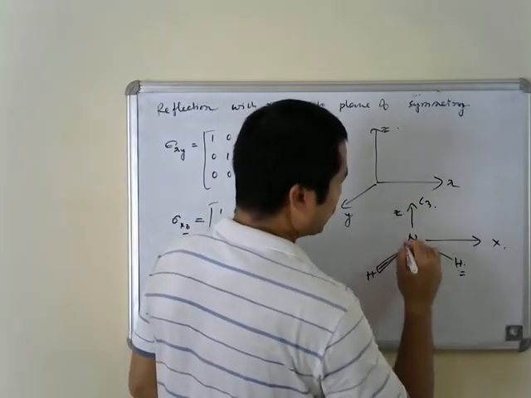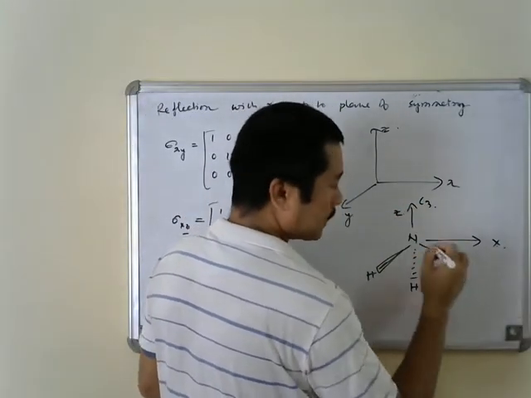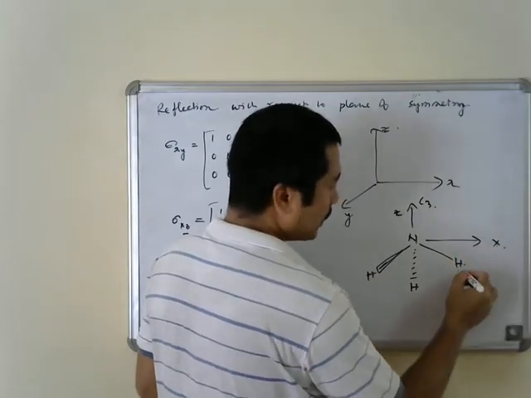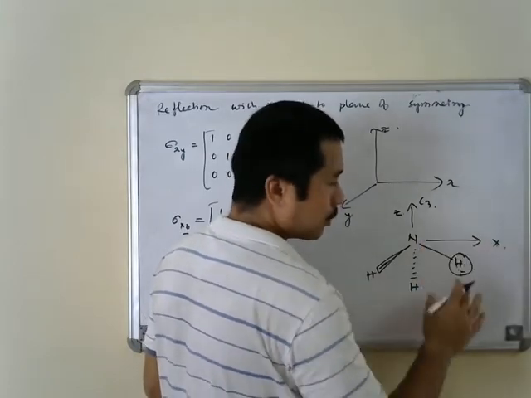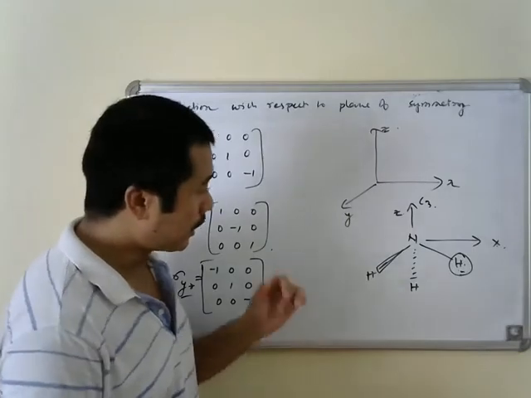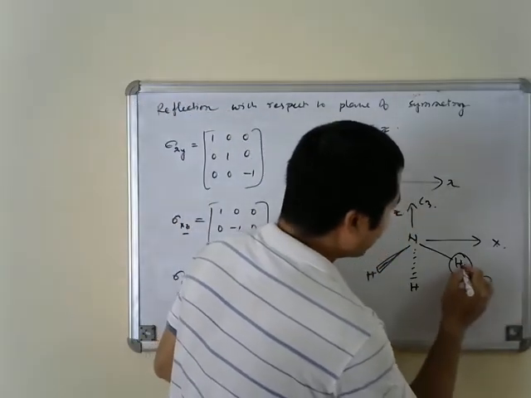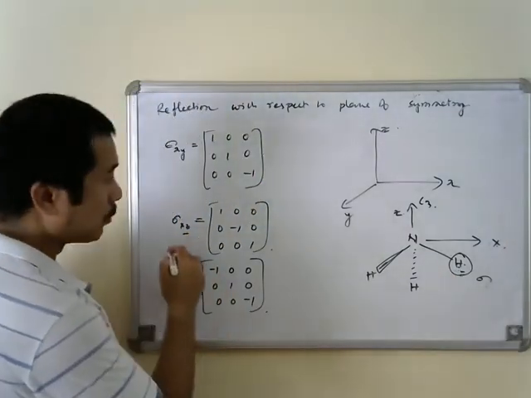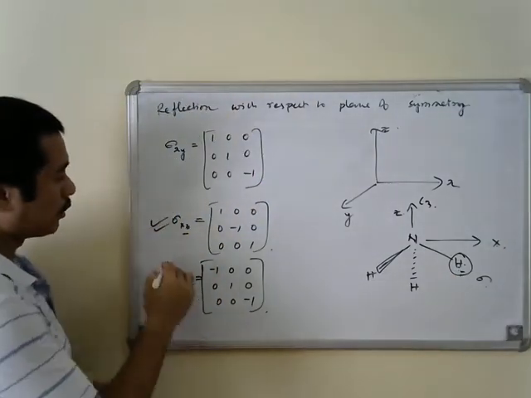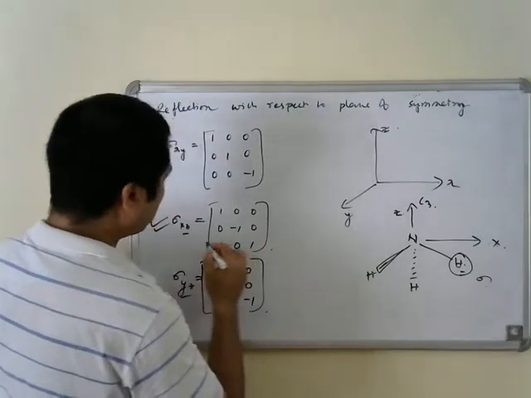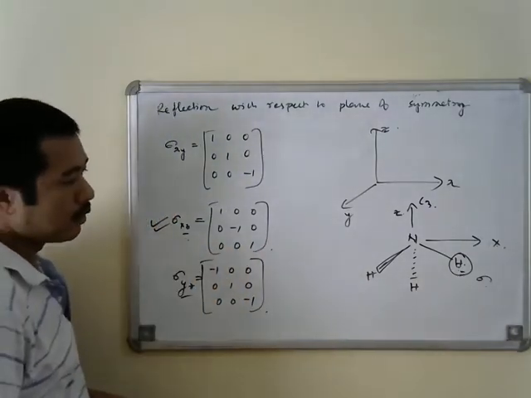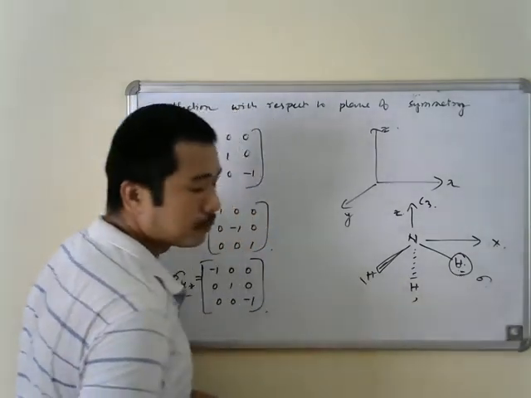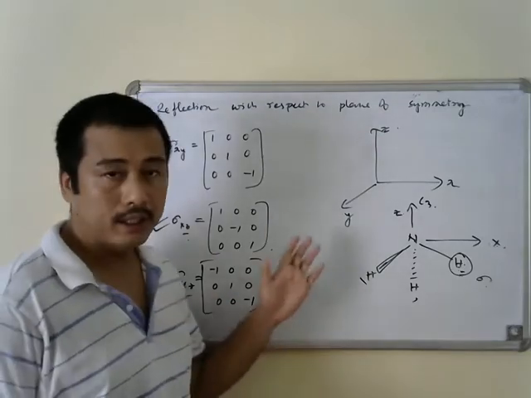If this is the z axis, this is the x axis, and the y axis is perpendicular to the plane of the board, then this hydrogen atom lies on the plane of the board, and we can write the sigma v, which contains this hydrogen and this nitrogen atom, by using the matrix representation for this sigma xz.